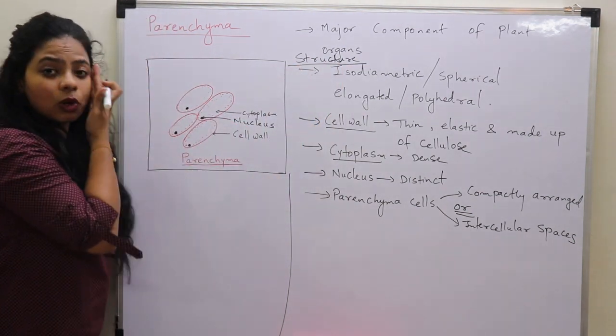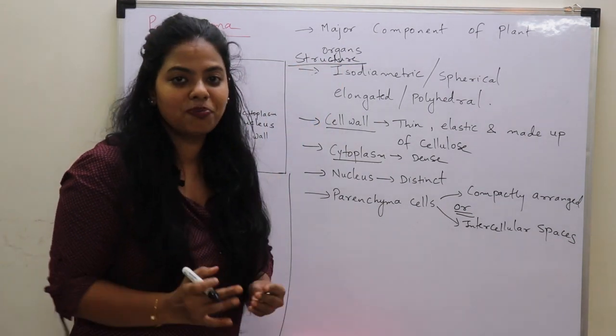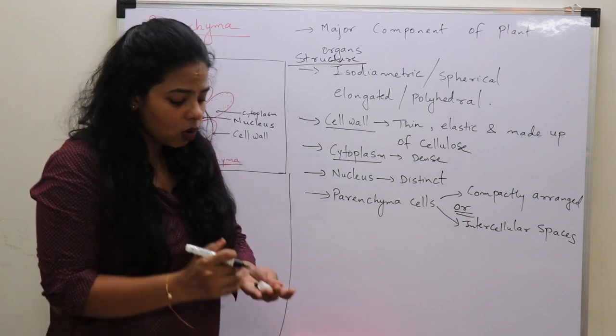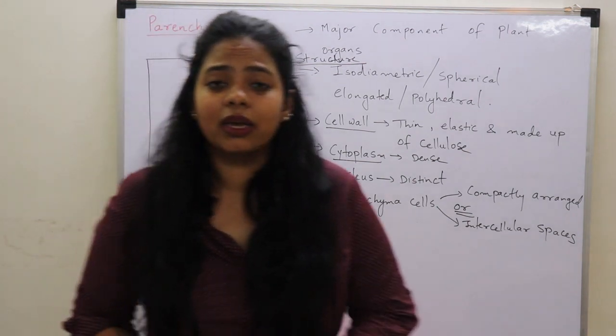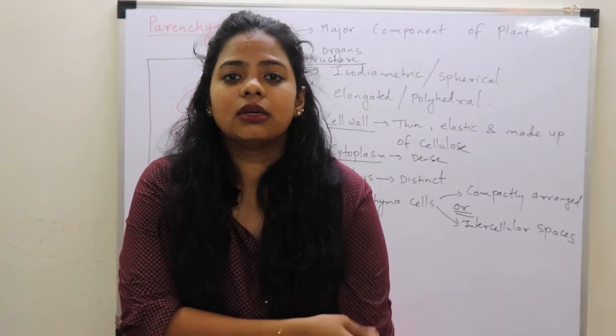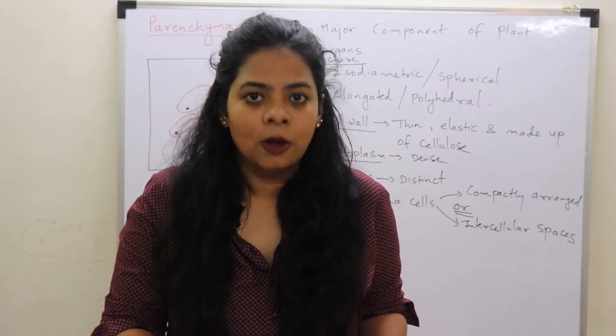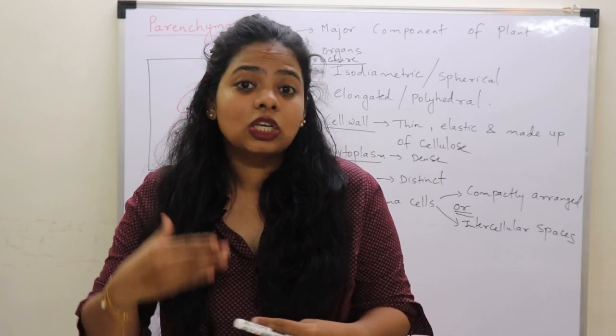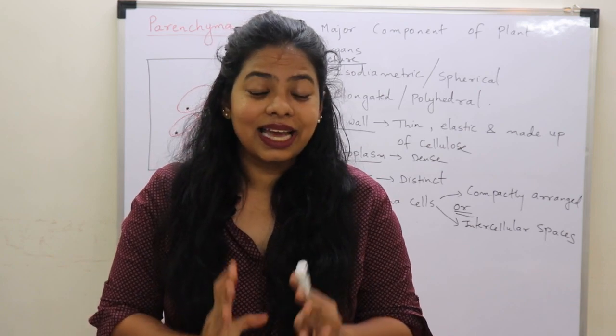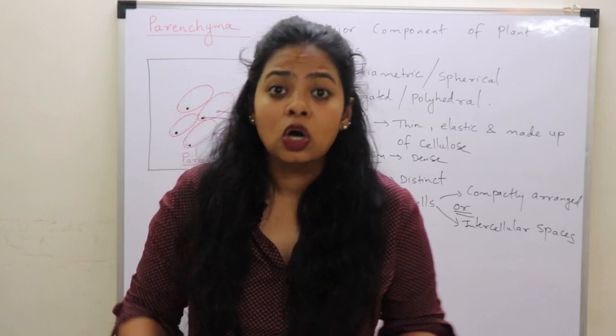And next thing which we are going to see is the function of parenchyma cells. Now, you listen to me very carefully. If the parenchyma consists of chloroplast, then that is known as chlorenchyma, and thus it can carry out the process of photosynthesis.